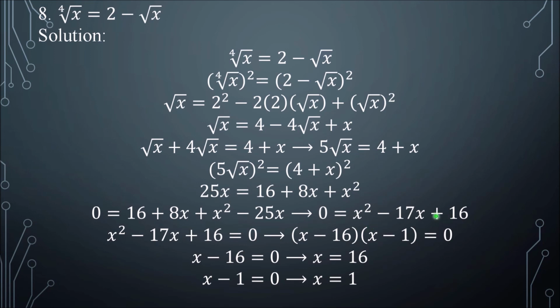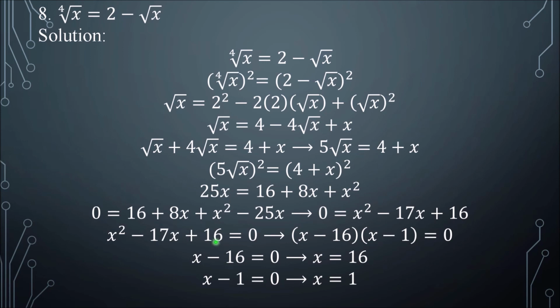So change the position, and then factor the quadratic trinomial. This one is x minus 16 times x minus 1, which is equal to 0. So again, factors of x squared is x times x.